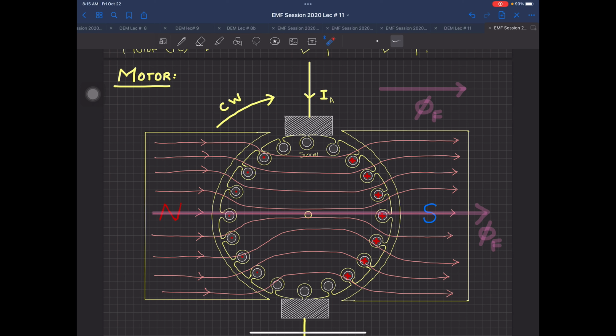This line, which I have shown in this direction, is my phi f, the main field. Practically it is flowing in this direction, but to give it a normal direction, it goes from the left side towards the right side. So this is my phi f.